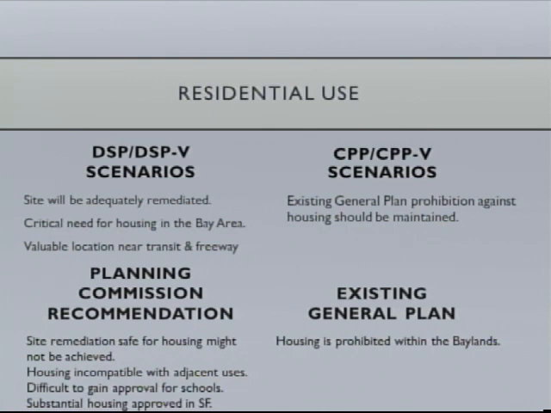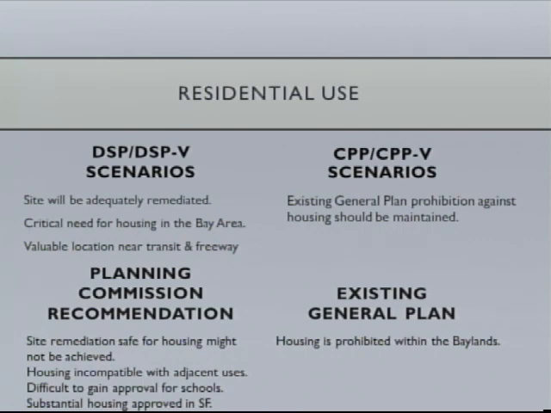And one of the things that they looked at was the potential difficulty of getting school locations within the Baylands. If we're going to have a substantial amount of housing on the Baylands, there ought to be schools that go with that. And when you look at the state standards, as we talked about when we dealt with schools, that may or may not be achievable.